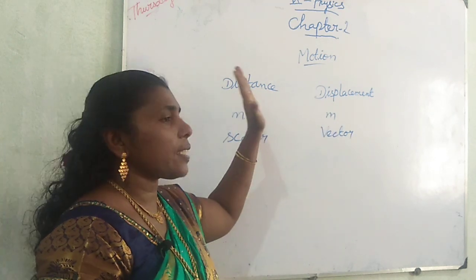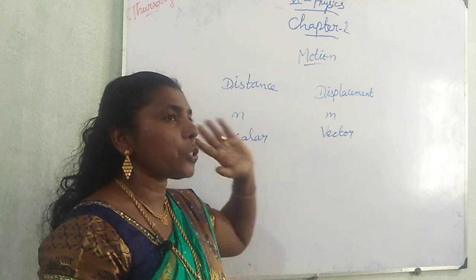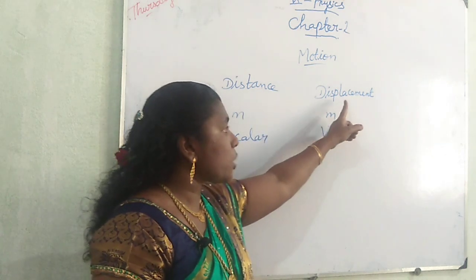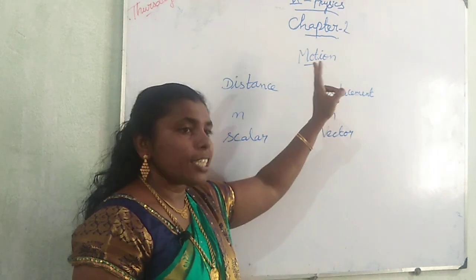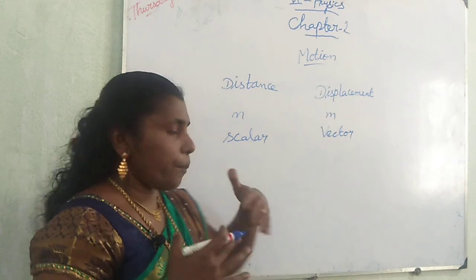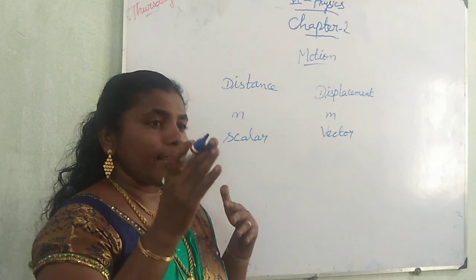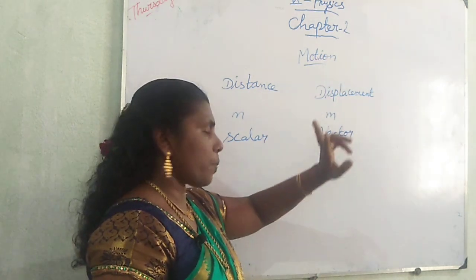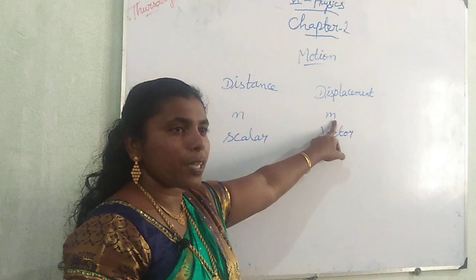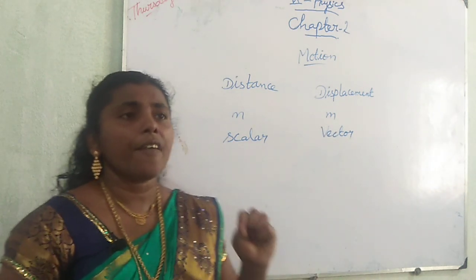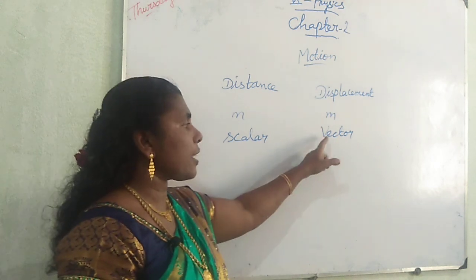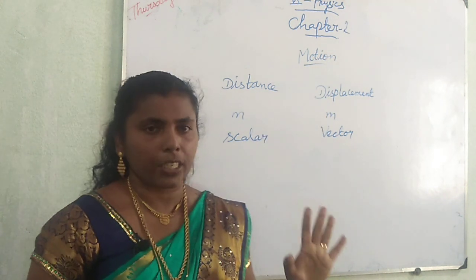Distance is the actual path irrespective of direction. But the shortest distance between 2 points, you will say as the displacement. That is the direct path. Direction is mentioned in displacement. The unit of displacement is meter, and displacement is a vector quantity, both magnitude and direction are there.